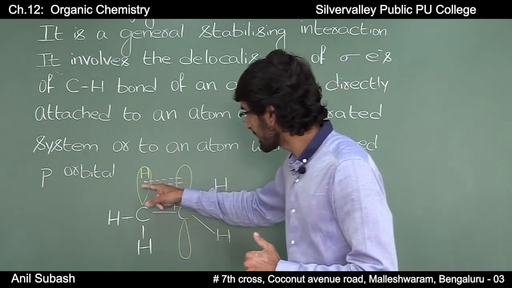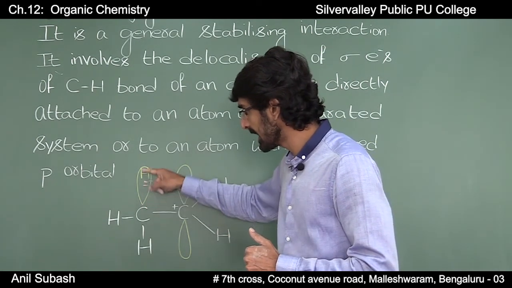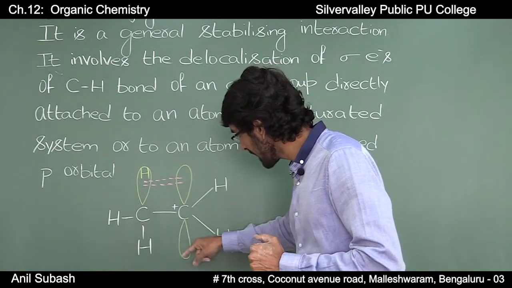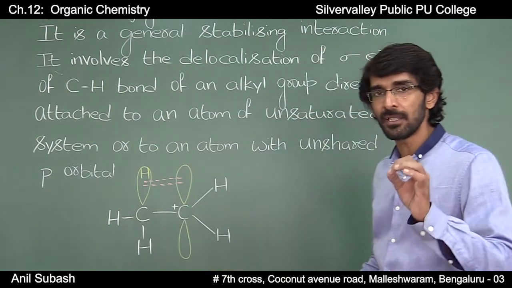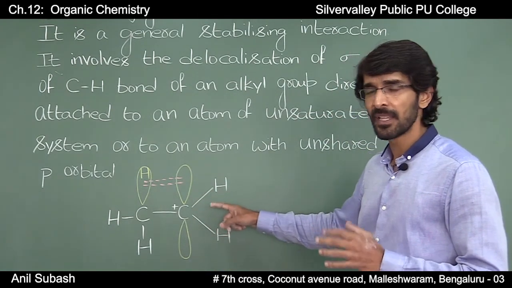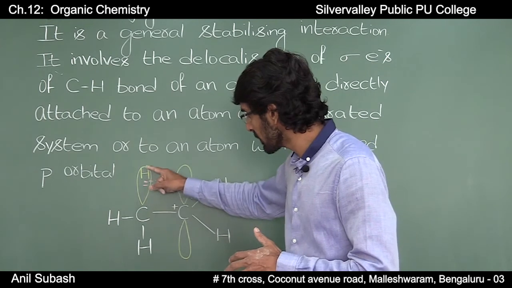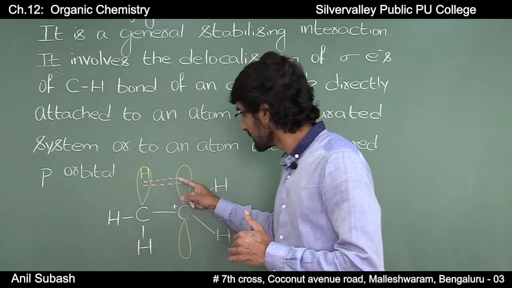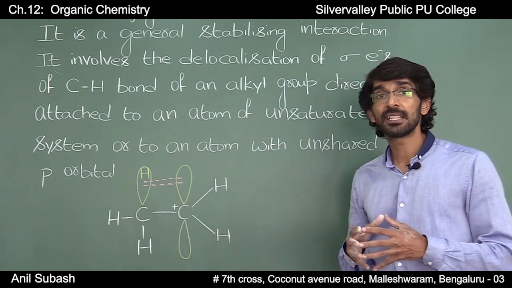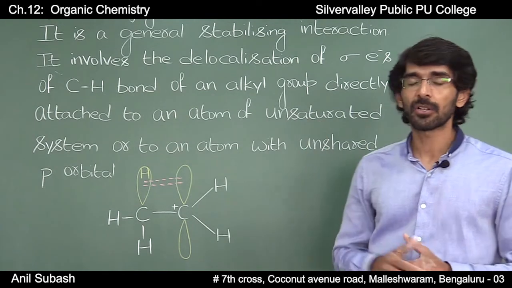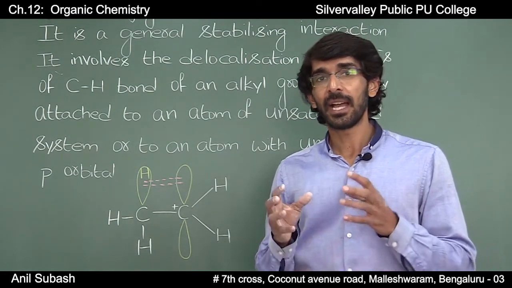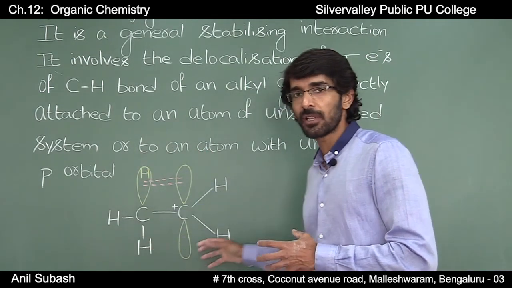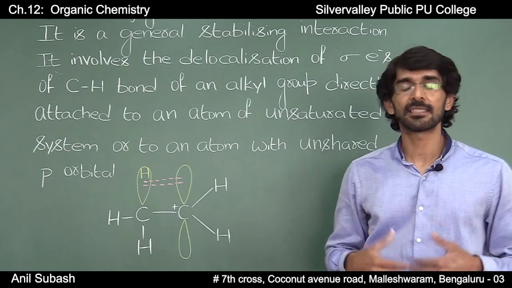Now the sigma electron of this C-H bond starts interacting with the empty pz orbital of the carbon atom, and the delocalization of sigma electrons takes place, and this type of effect is known as the hyperconjugation effect. And due to hyperconjugation, the molecule or the radical or the ion gets stabilized.